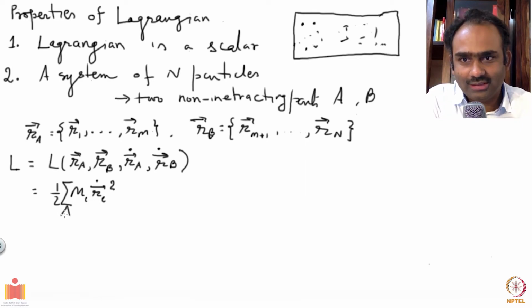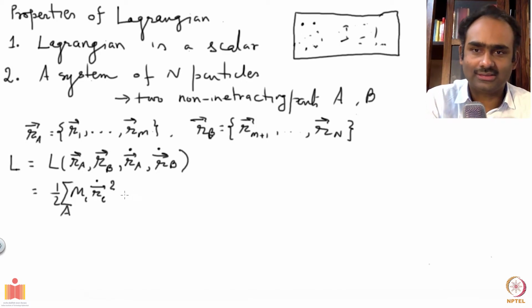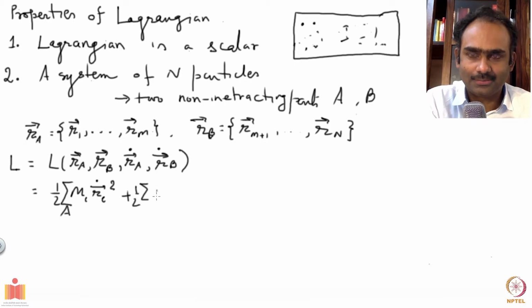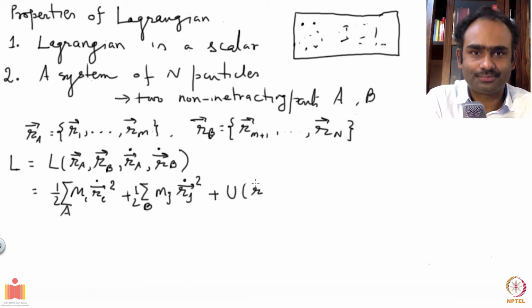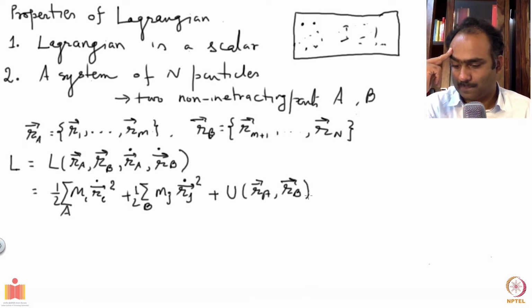So first you have the sum over all the particles belonging to part A. Then again you have half m_j, let me put j, it doesn't matter, you can put i as well, but I'll just put j. There's no special reason for that. And here I sum over all the particles which belong to set B. And then you have the potential energy, which depends on all the particles in the system. Okay, so in shorthand I write it like this. Okay, that's good.